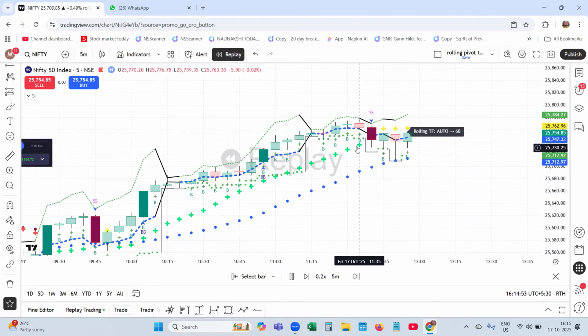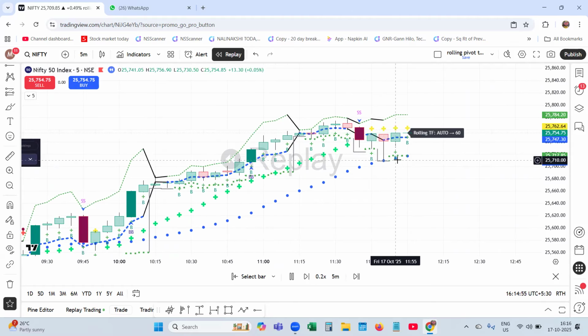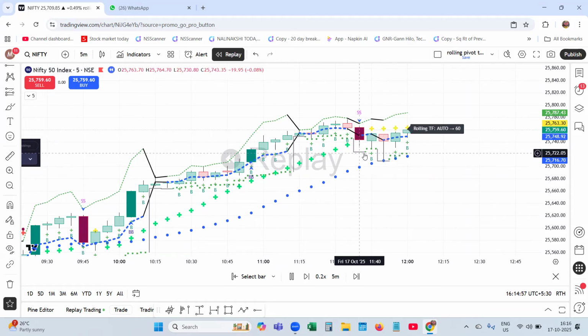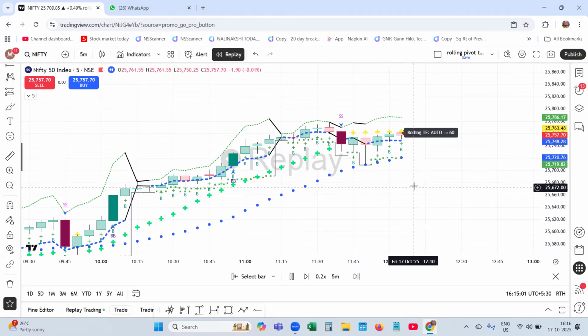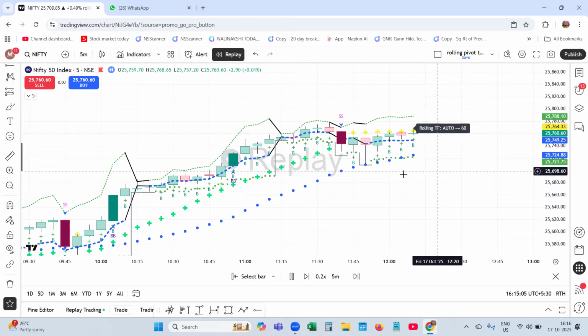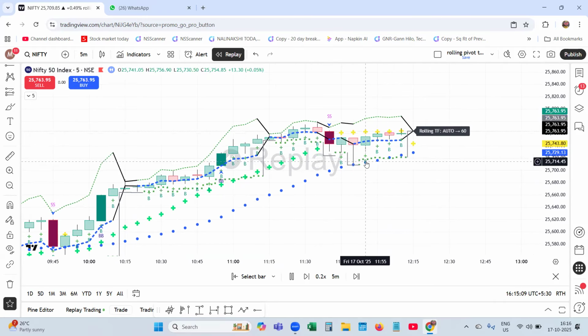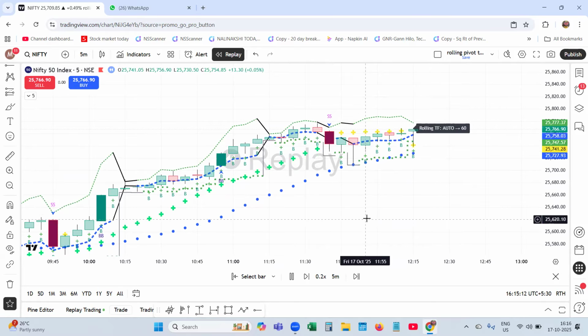Leg down beneath the Gann HiLos and touching the Gann HiLo. Still, no sell signal has been generated over here. Can you see over here? So beautifully it is going sideways. The market is going sideways. When it goes sideways, these pivots turn their color into gray color.